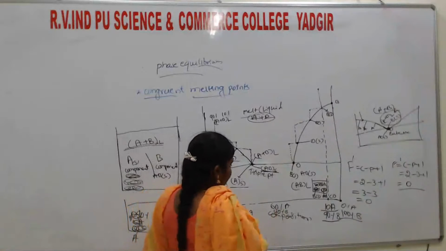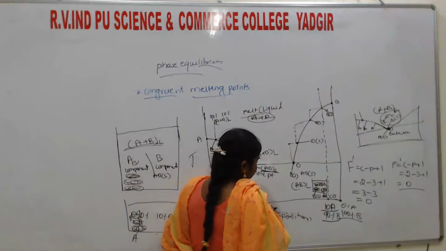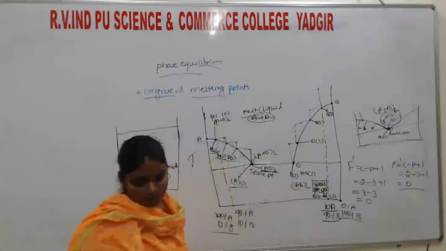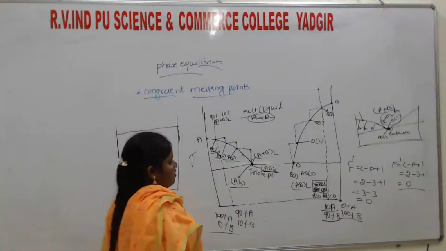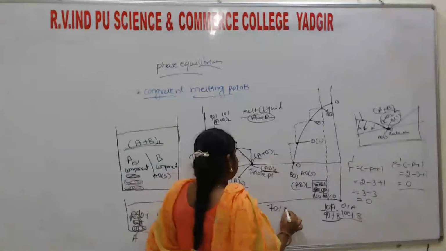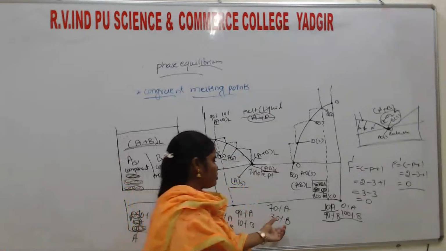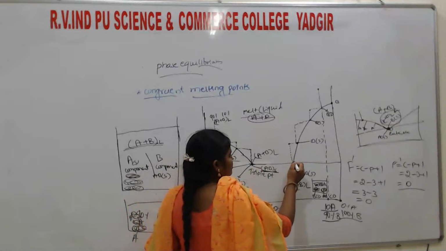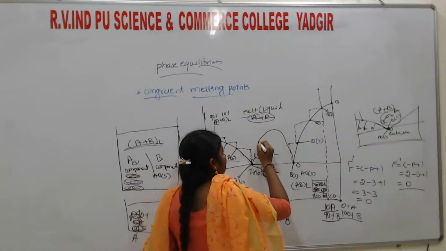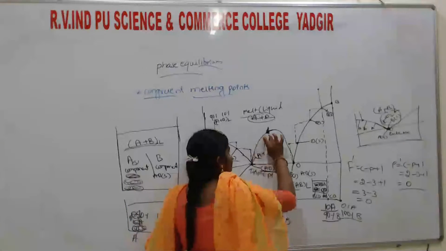Or I take 70% A and 30% B. Take any composition here. For this particular composition, the continuation curve is formed here. This type of graph is formed. This type of phase diagram is formed here.